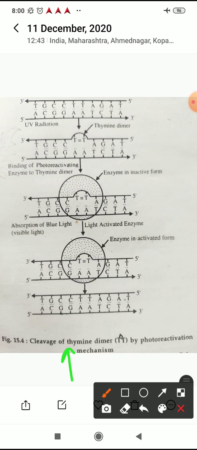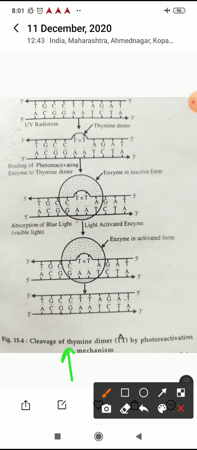So photoreactivation is also a type of DNA repair mechanism. In this mechanism, ultraviolet induced pyrimidine dimers, maybe thymine or cytosine dimers, are reversed to pyrimidine monomers, that is T and T or C and C, on exposure to the visible light.